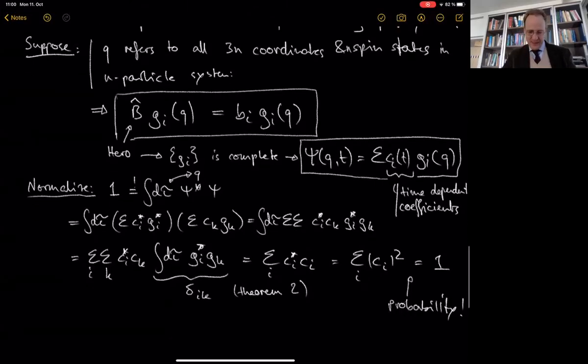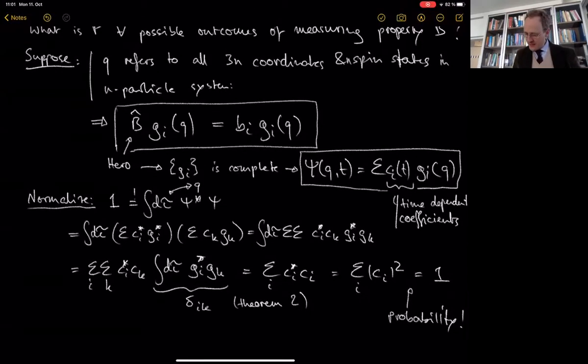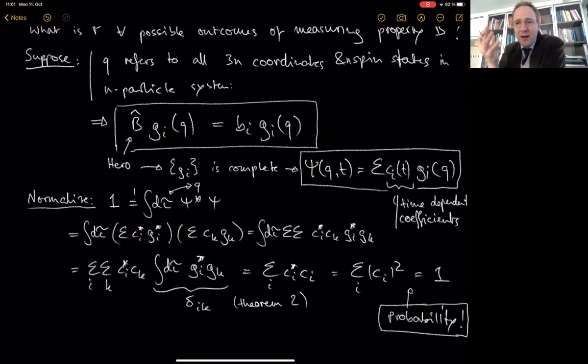So this is now basically the reason why we are talking about probabilities here, right? The point is, until now we didn't really touch probabilities, right?